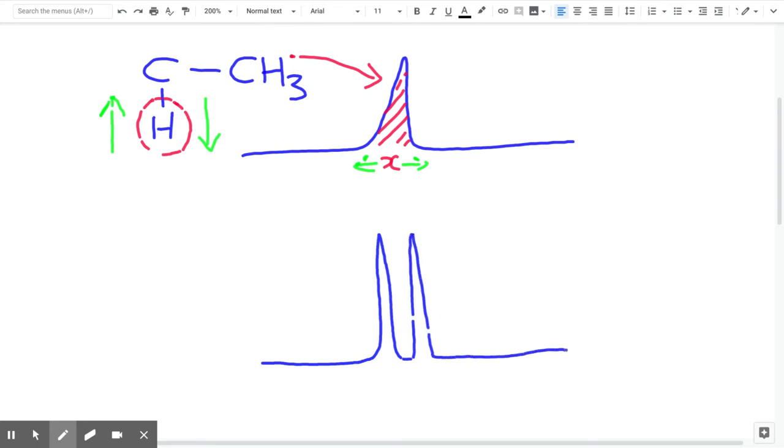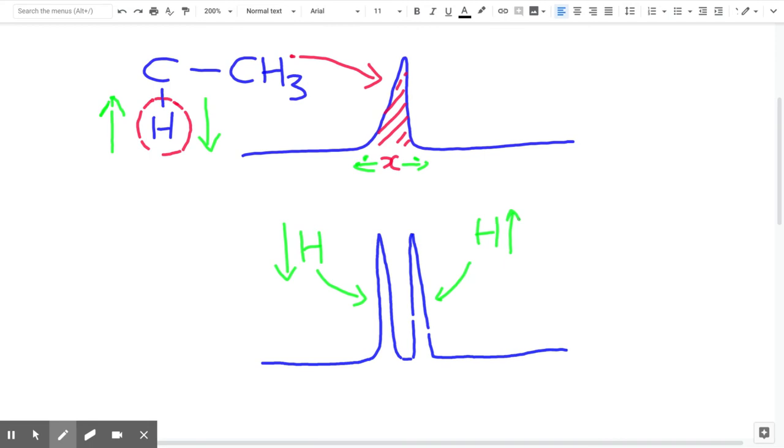But what we get now is this doublet situation, whereby one assignment is due to a proton spinning against the magnetic field. Don't need to assign which side is which, we're just arbitrarily doing it this way. The other one is due to the proton adjacent to the protons you are looking at.